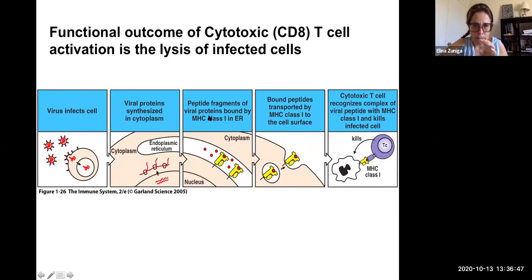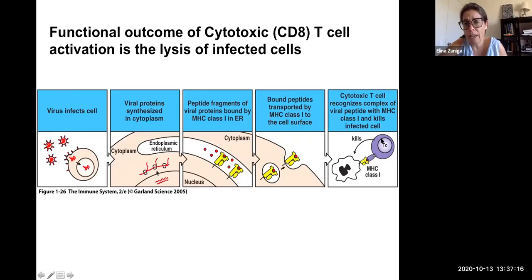These peptide fragments derived from the viral proteins will be loaded into MHC class I molecules in the endoplasmic reticulum, and will then be presented in the plasma membrane of this cell where the virus is replicating and infecting.